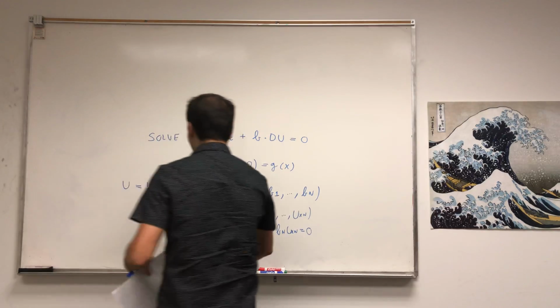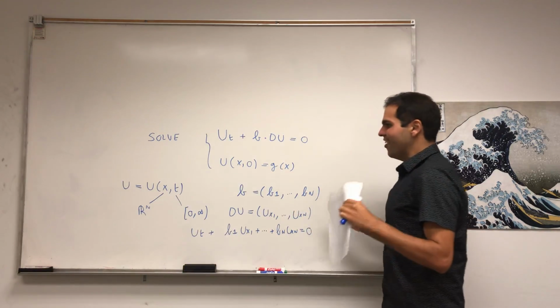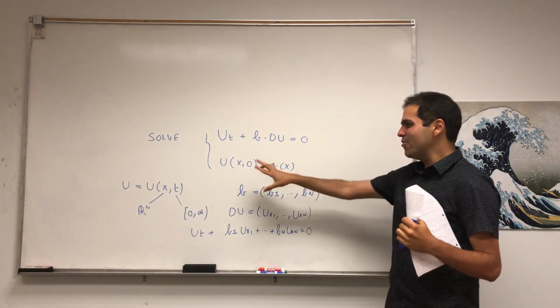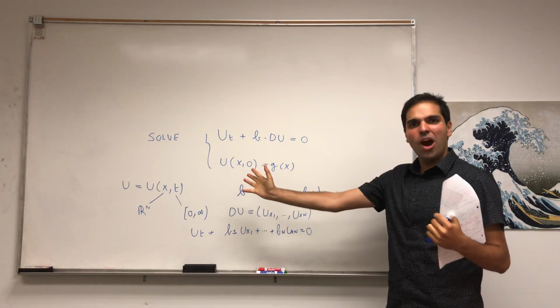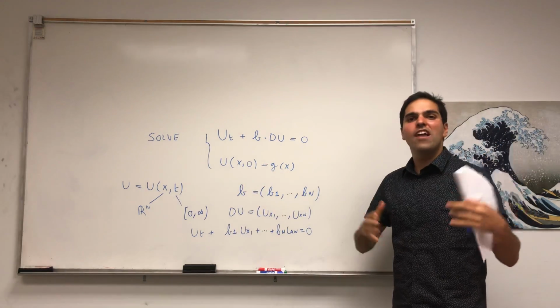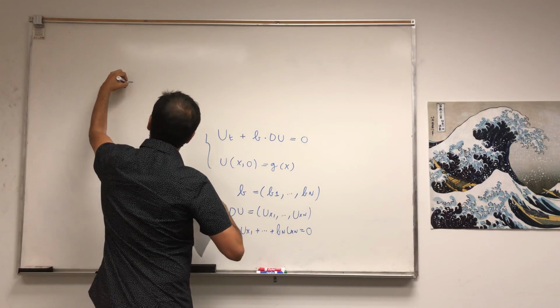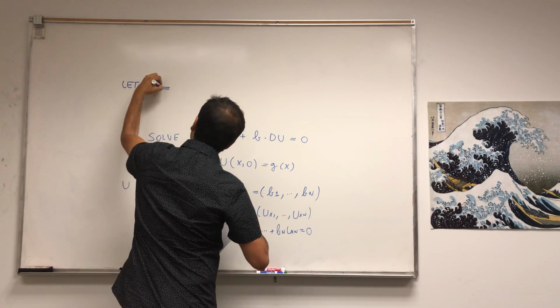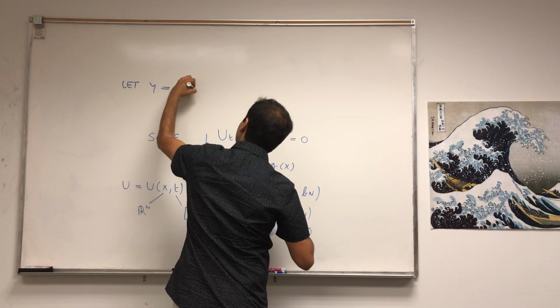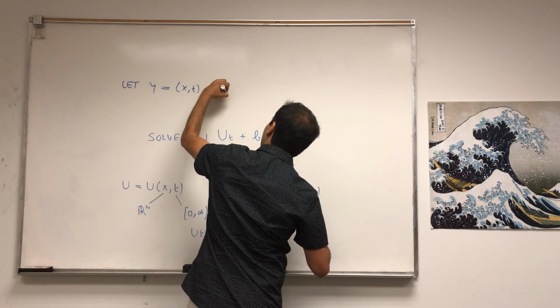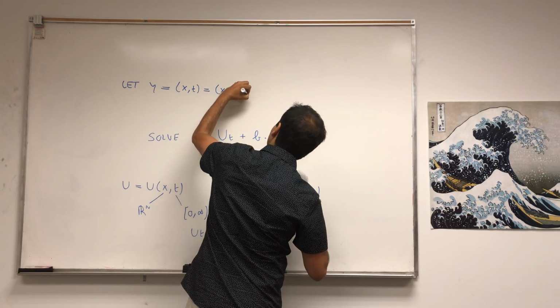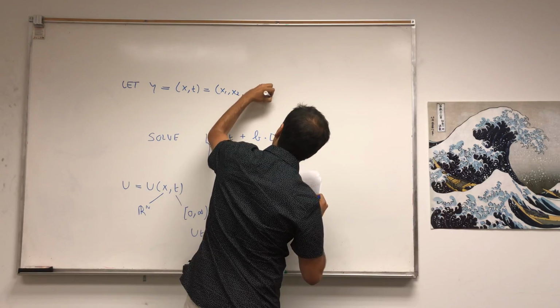The question is, how can you achieve this? Well, here's the cool thing. We're going to think of (x, t) as its own variable. So let y be (x, t), which you can think of as (x1, x2, ..., xn, t).